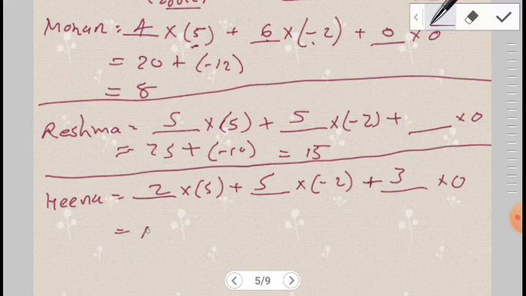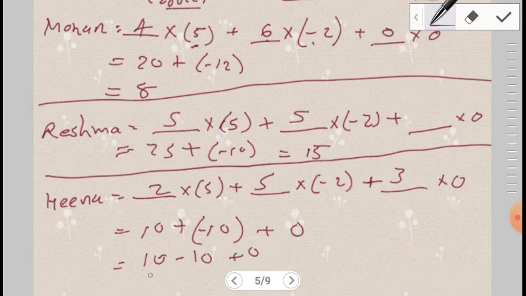So here 5 2s are 10, it's for the correct answers, and 5 2s are 10 for the incorrect answers, and 3 multiplied by 0, that means 0. So 10 plus minus minus 10 and plus 0, so her final score is 0. So Hina has got 0 in the exam.